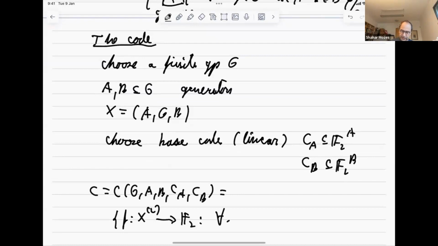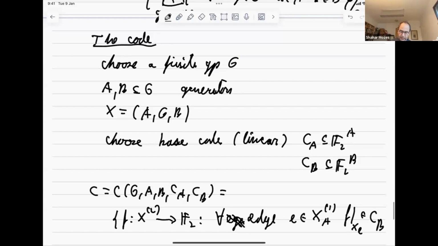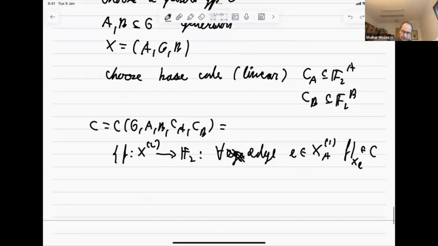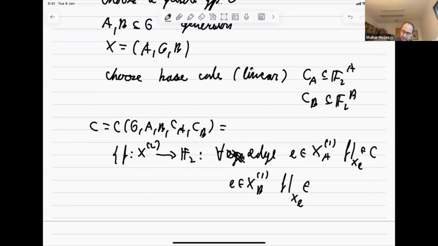So that for every edge E in X1A, if you look at F restricted to the squares touching E, these belong to CB. And if you take an edge E in X1B, then F restricted to the squares touching this edge belongs to CA.